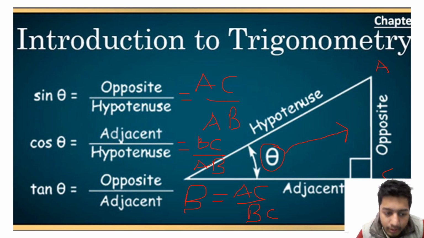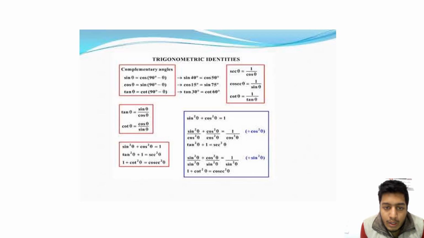Okay, these are the important things which need to be remembered. So in the previous slide, we learned about the basic functions of trigonometry, that are sine, cosine, and tangent. The value of sine theta will be in respect to the angle that we are seeing.